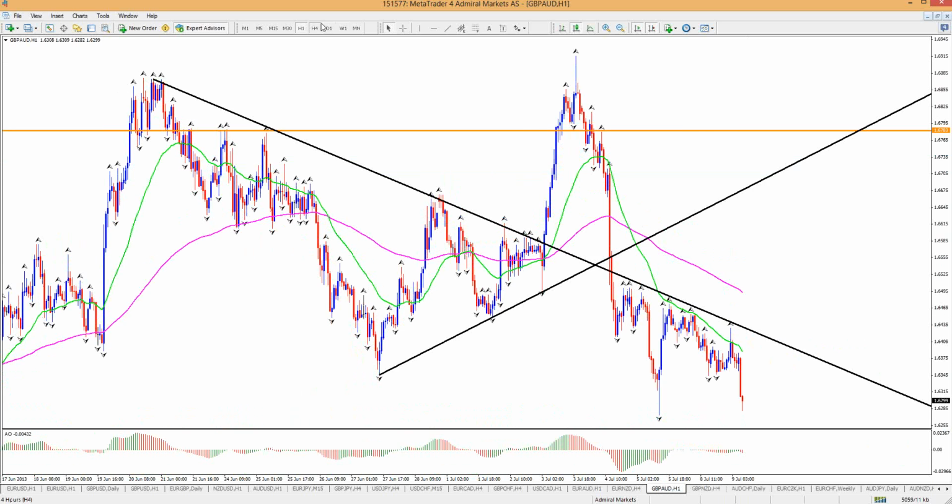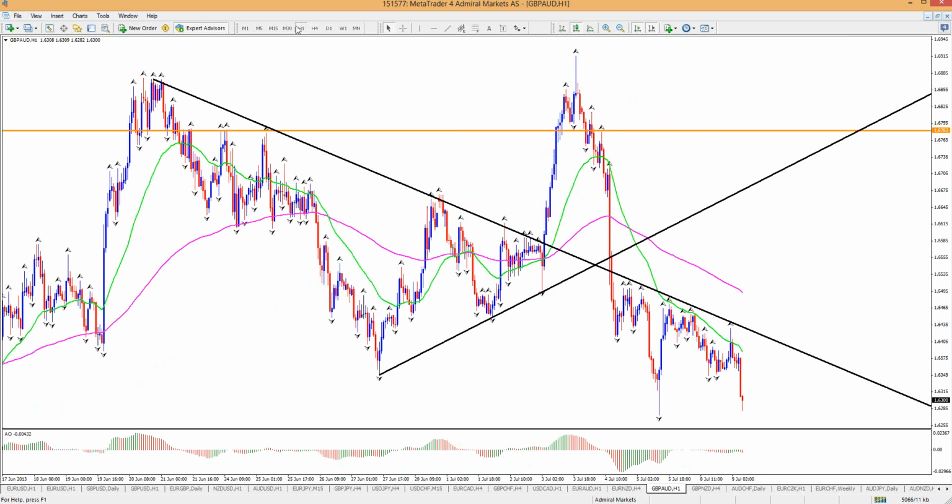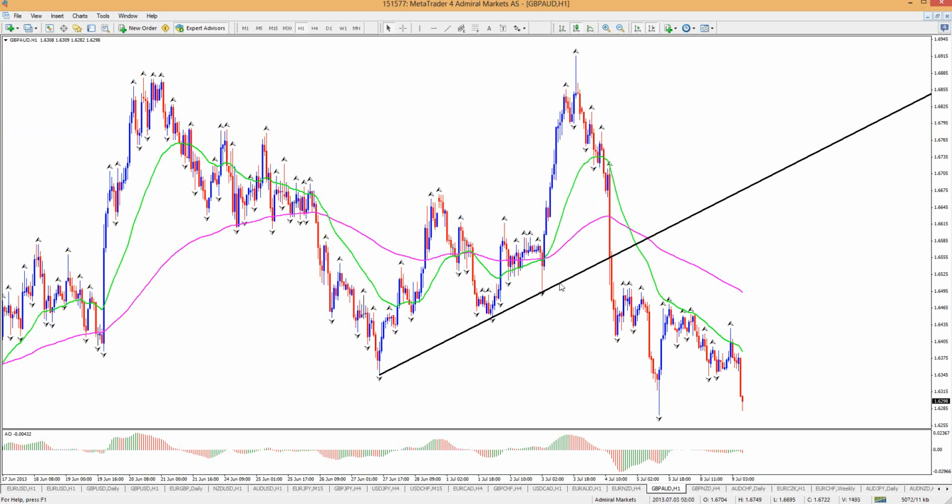Click the pound out quickly. It's kind of similar to the Euro Aussie, to be honest.